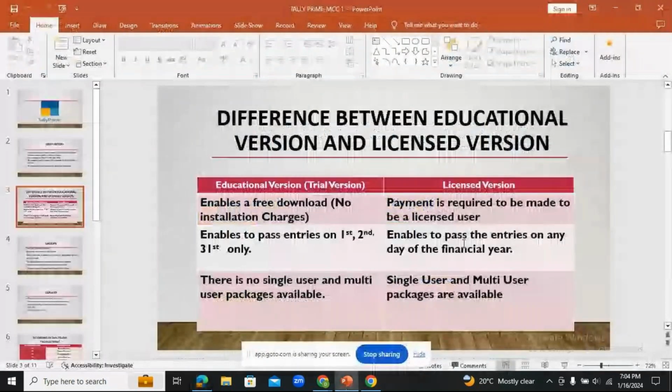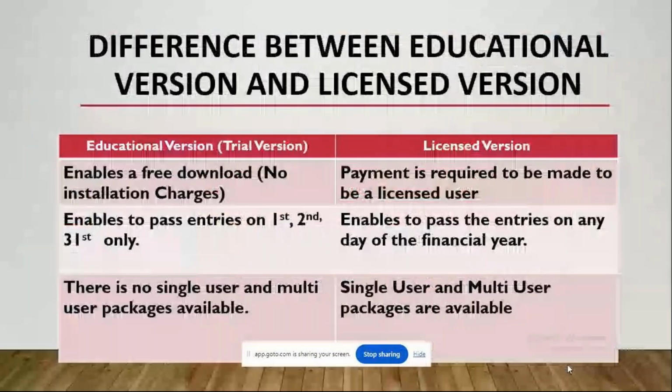Now we have two versions. One is the educational version, and the second is the licensed version. So what are these two versions? The educational version is also called the trial version, and the other is the licensed version. When I talk about the trial or educational version, I need not pay any installation charges.